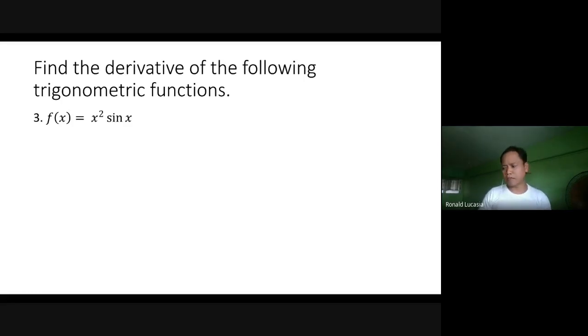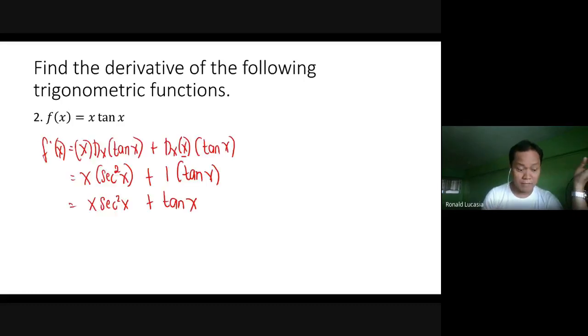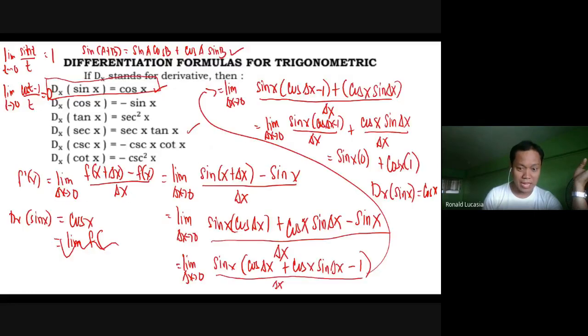Pakonti ng pakonti umaattend sa Google Meet mo. Kahit sa mga nag-submit ng exam, parang nasa ano lang, wala pa sa 30. Sorry, previous. You mean the derivative ba ito? In previous slide?